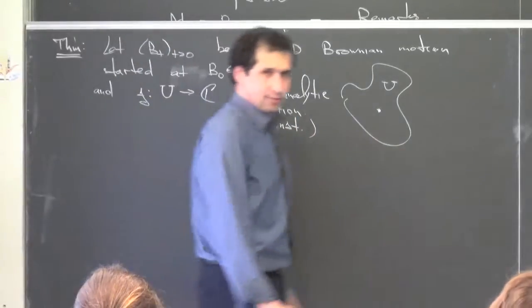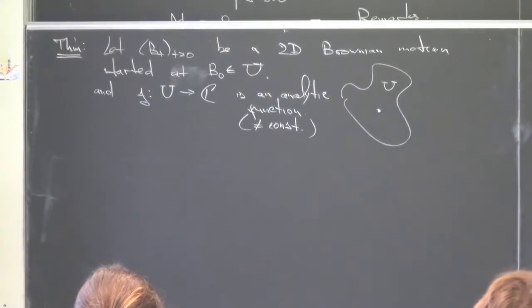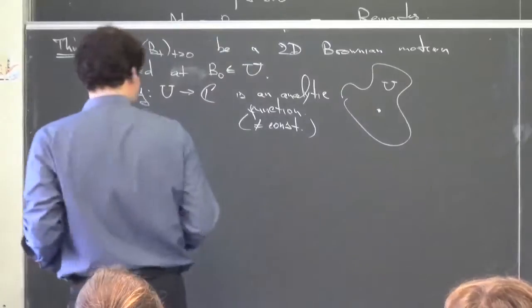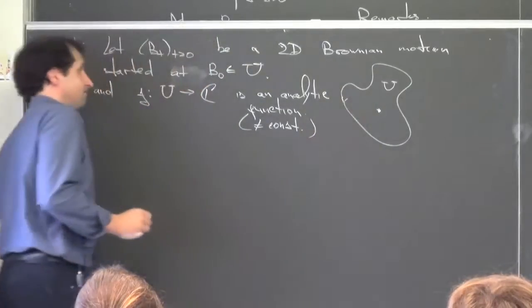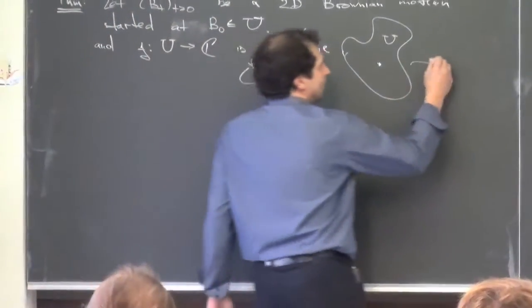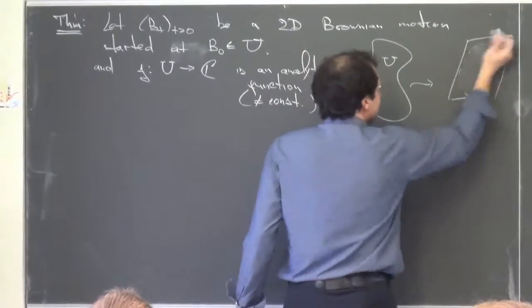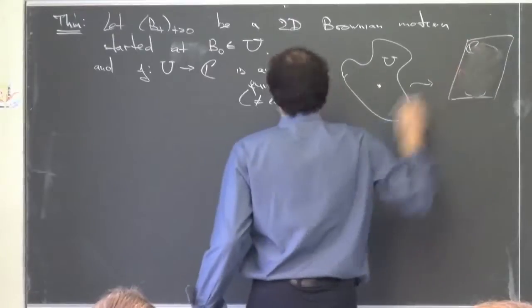And not constant. Constant is too boring. So I do not assume it is one-to-one. Just any analytic function in this domain. Okay? So it maps to somewhere, but maybe not one-to-one.